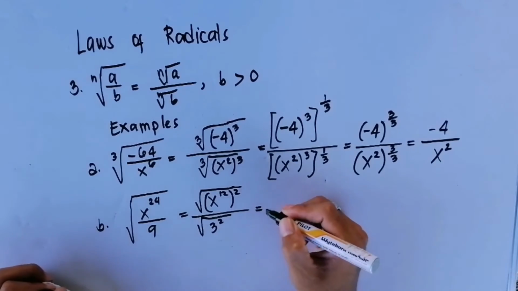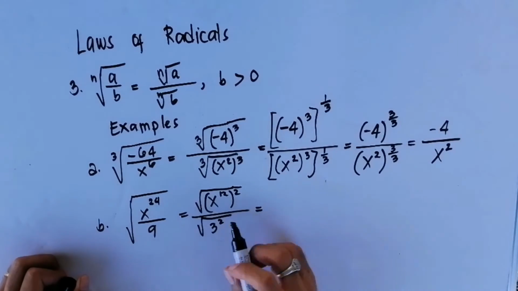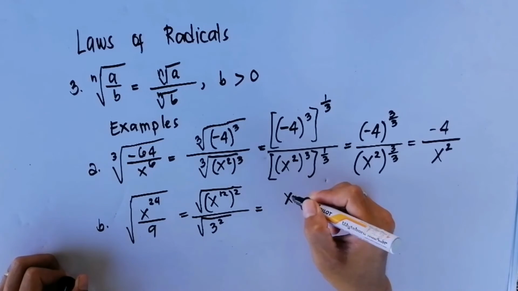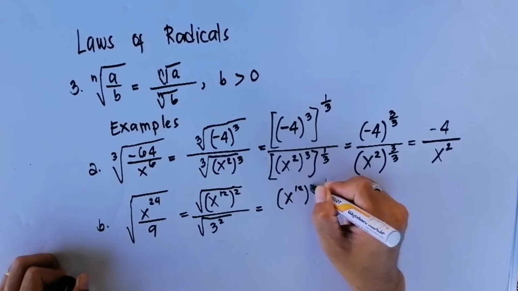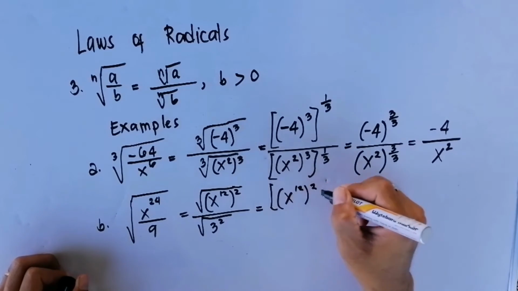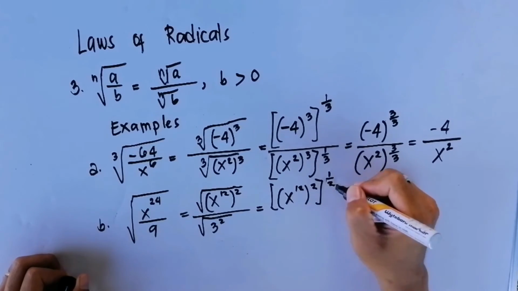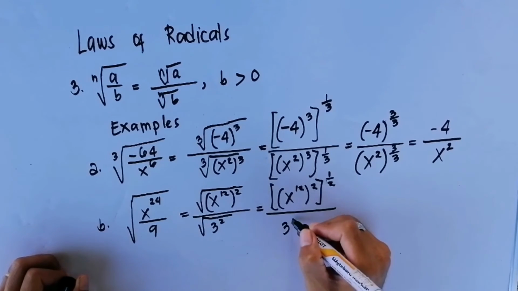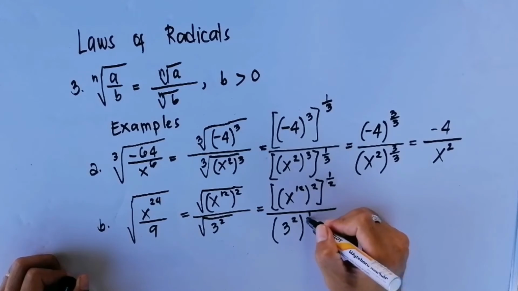So change to exponential, that is x raised to 12 raised to 1/2, over 3 squared raised to 1/2.